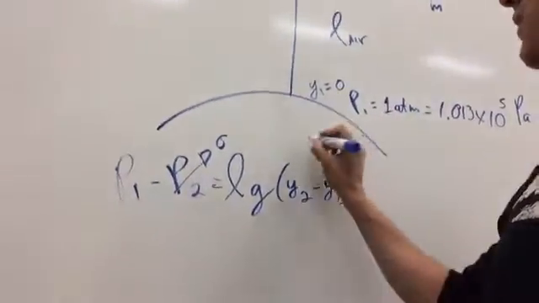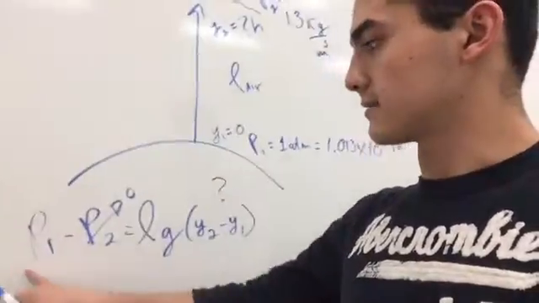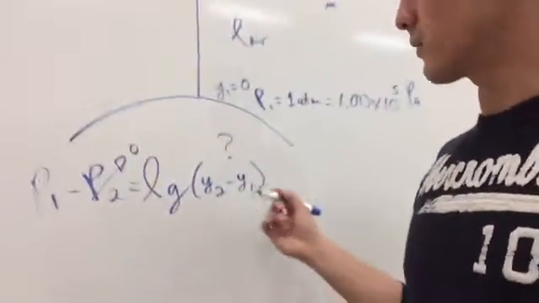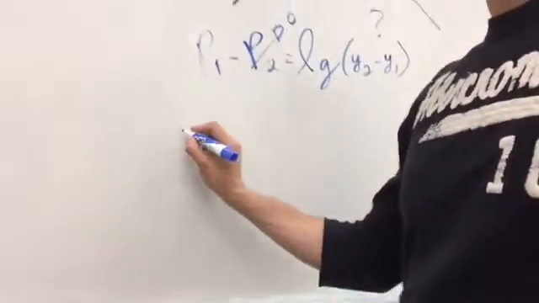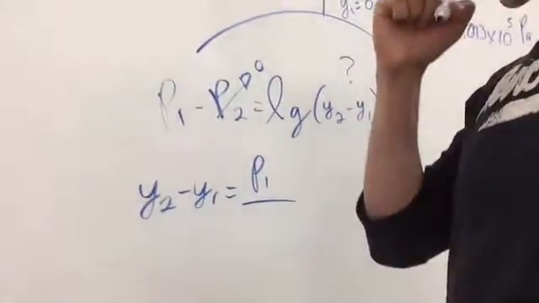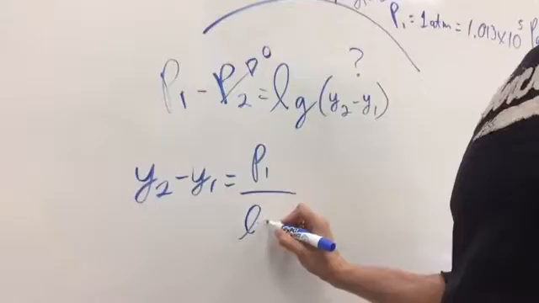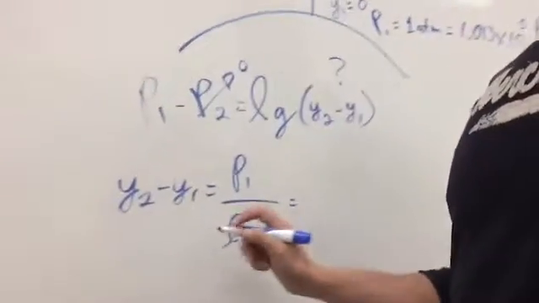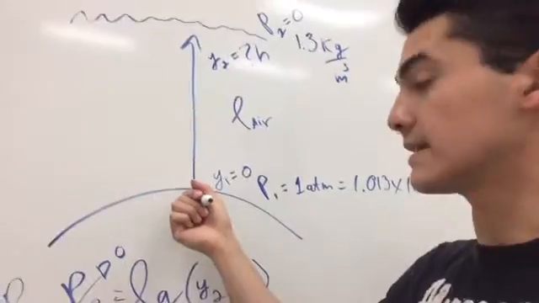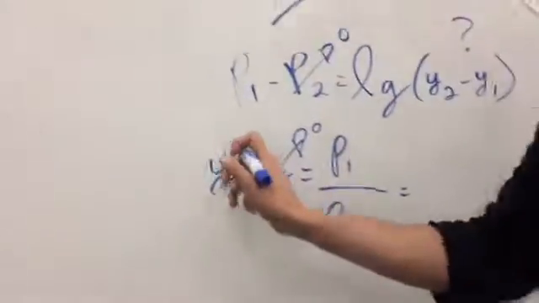If we move the y's to this side and put the pressure 1 inside, we get y2 minus y1 equals pressure 1 over density times gravity. Here, y1 is equal to 0 because we start from sea level.